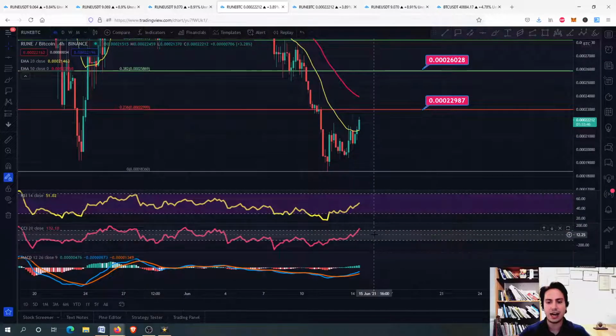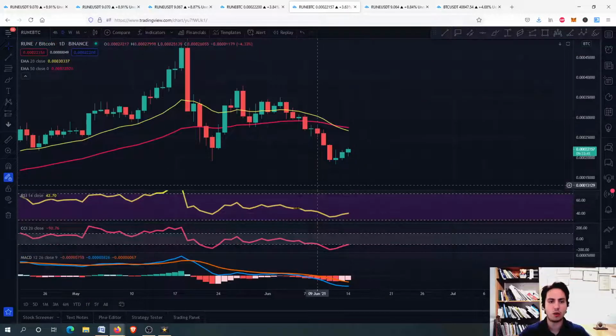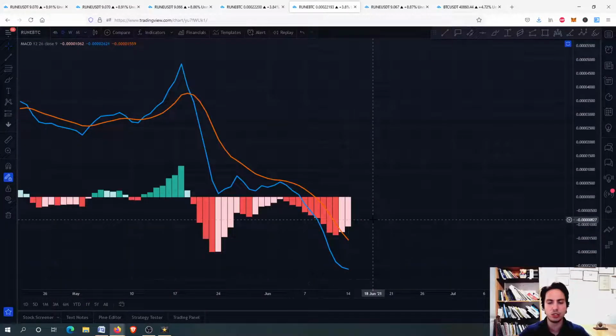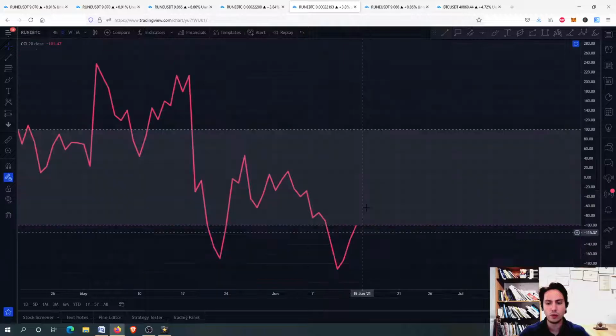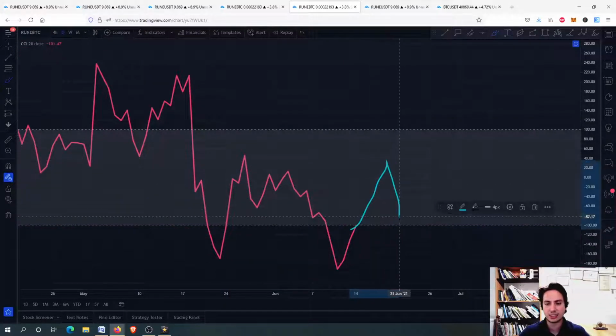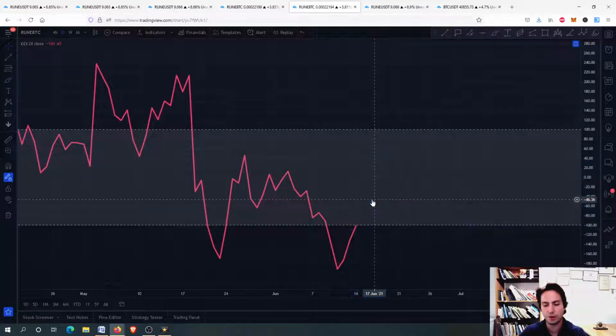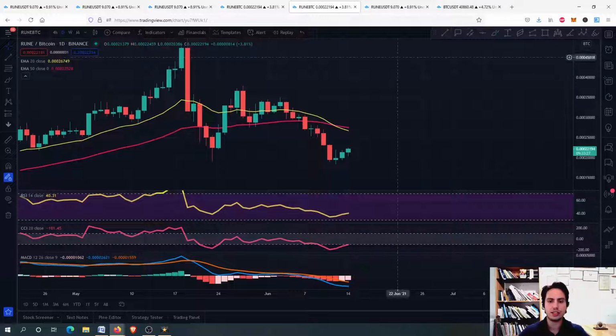We can outperform Bitcoin, we can go above, and we need to see on the daily frame, guys, a bullish recross for MACD. And of course, right now we are in an oversold situation. We need to see the commodity channel index regaining its strength and going upwards further before we go downwards after, right? So things are looking good.